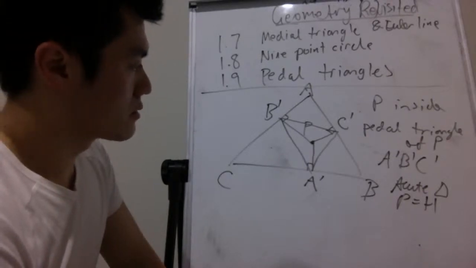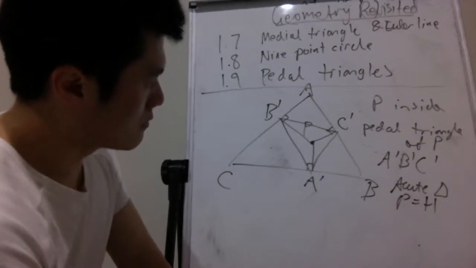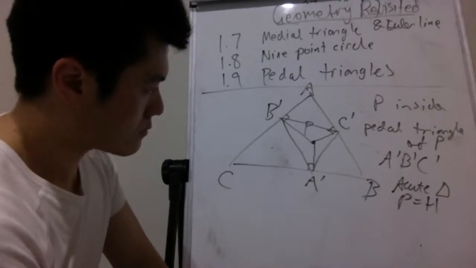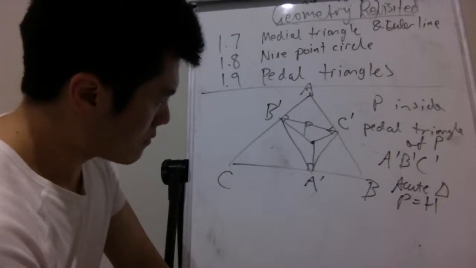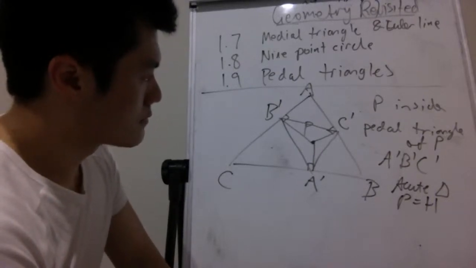Take P to be the in-center. It technically works. You get like an equilateral. Oh wait, do you? No, you don't.